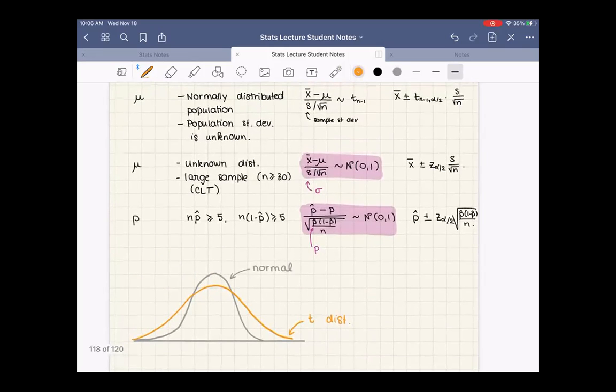Now, a t-distribution is obtained from x bar minus mu divided by the standard deviation over square root of n. And the idea there is that because you're considering at the denominator the sample standard deviation and not the population standard deviation, then you're introducing variability into your random variable, not only from the variability of the mean, x bar, but from the variability of the standard deviation as well.